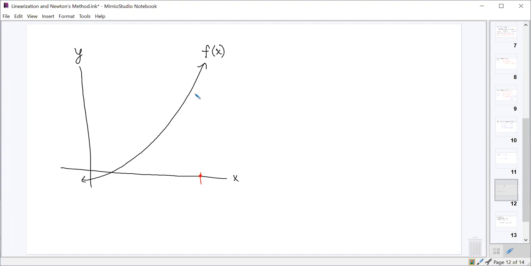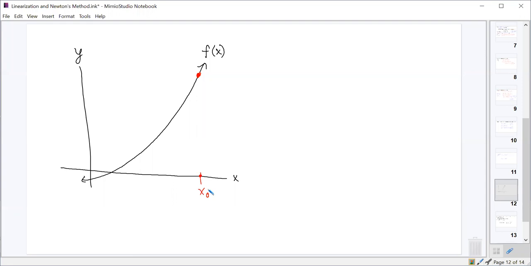So does our function f of x have a value at, we'll say 1, at this value that we guessed to be our x-intercept? Does our function have a value at this x value? Yes, it does, right? It's got a value up here. Let's just call this value x sub 0, or x naught. This was our first guess at the x-intercept.